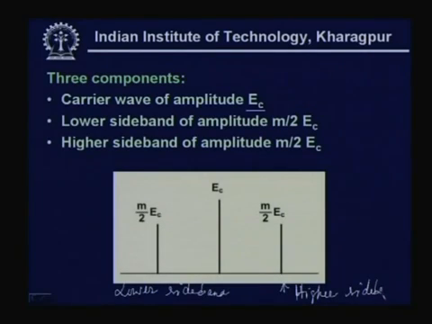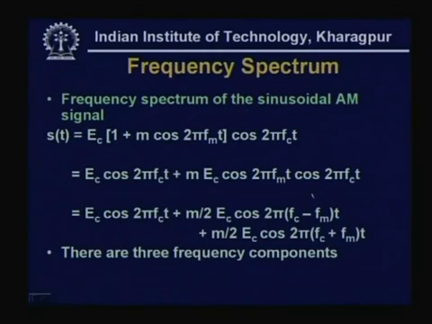So, this higher sideband has an amplitude m by 2 Ec. So, we see m by 2 Ec, Ec and m by 2 Ec, these are the 3 signals having different amplitudes: Ec cos 2π fc t and m by 2 Ec cos 2π (fc minus fm) t, and so these are the 3 frequency components.